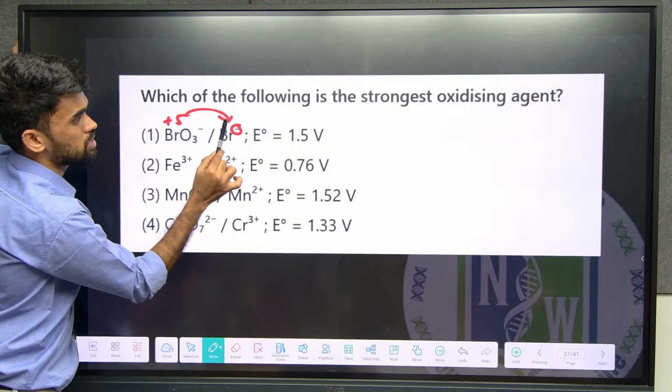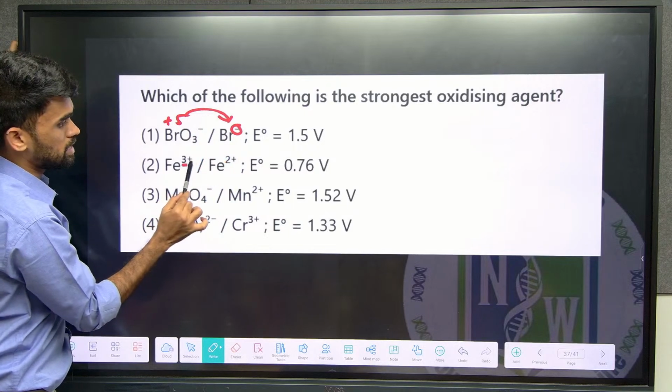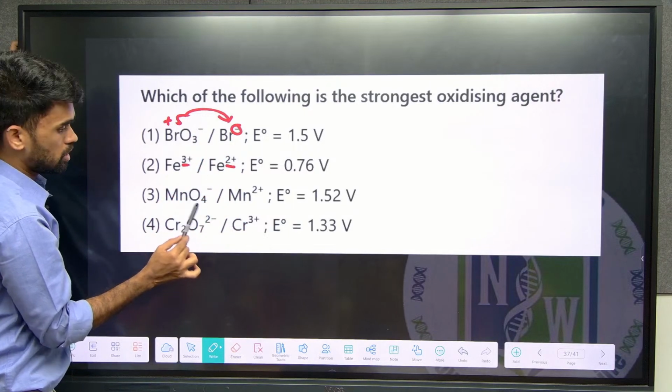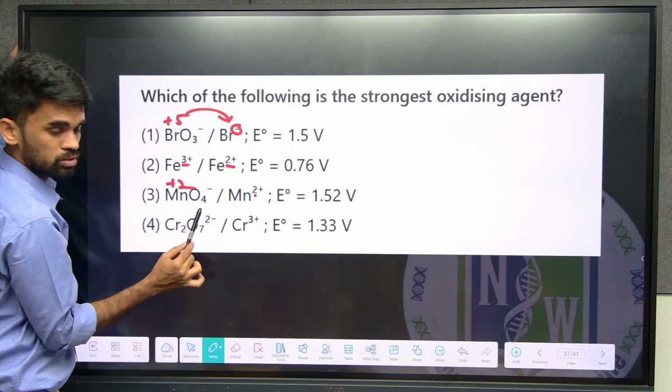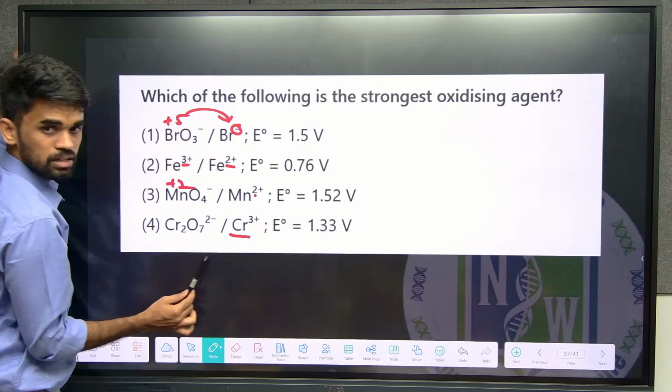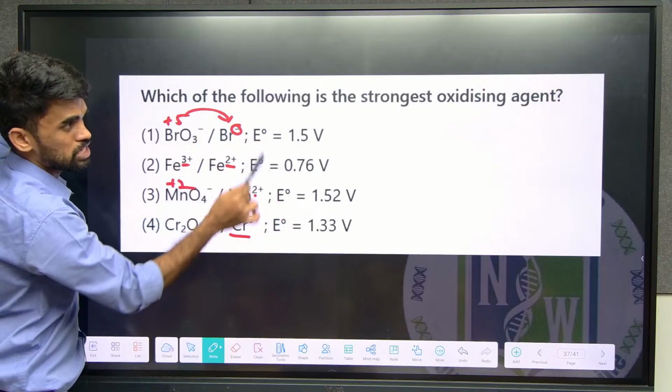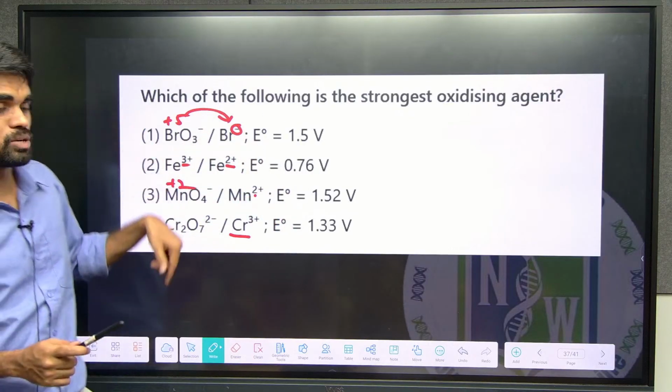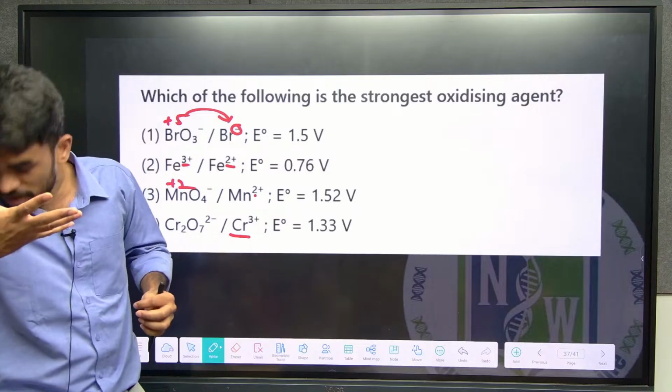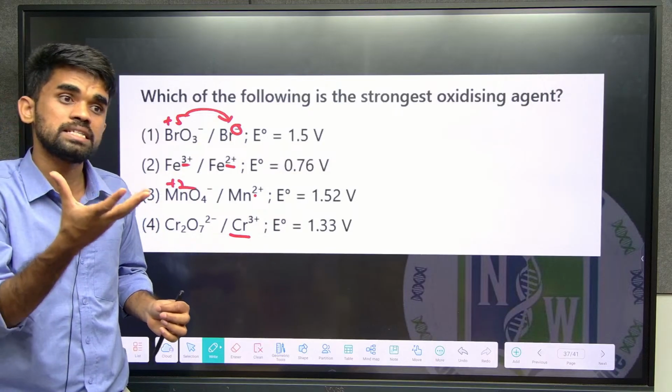What is this process? +3 converting into +2, +7 converting into +2, +6 converting into +3. So reduction potentials are given. By looking at the reduction potential value, the species with more reduction potential acts as the strongest oxidizing agent.